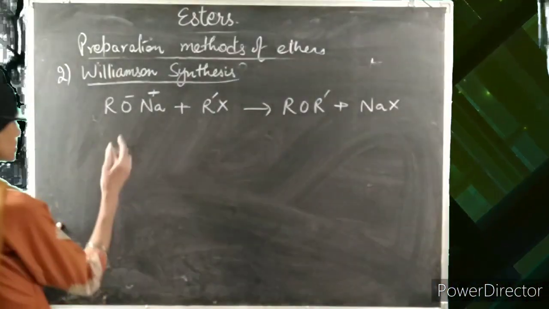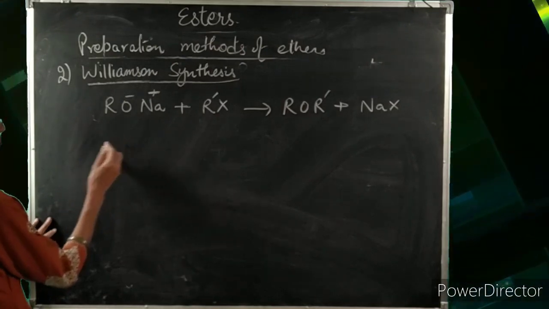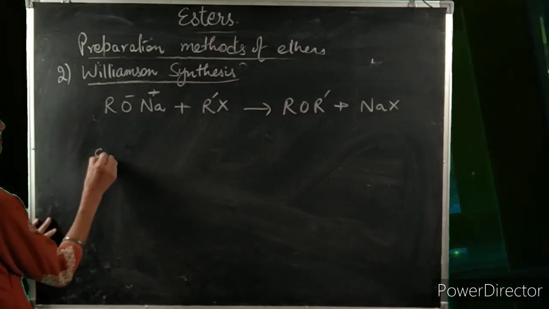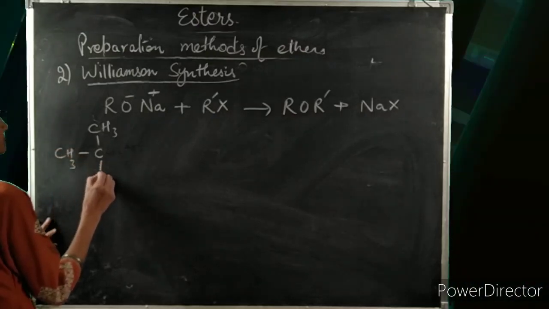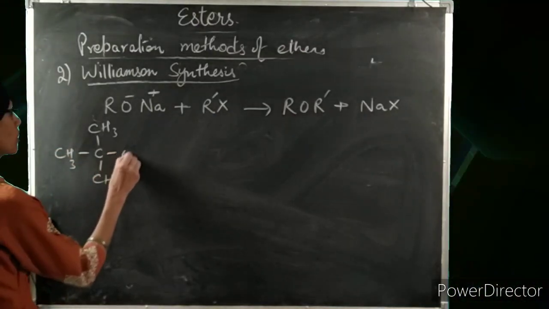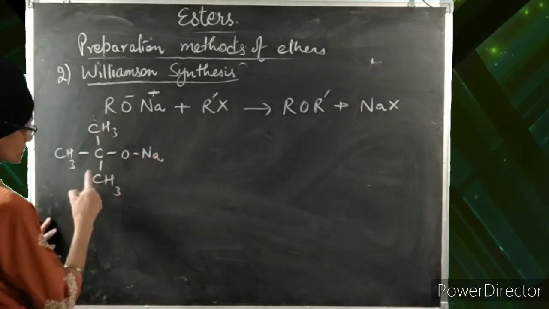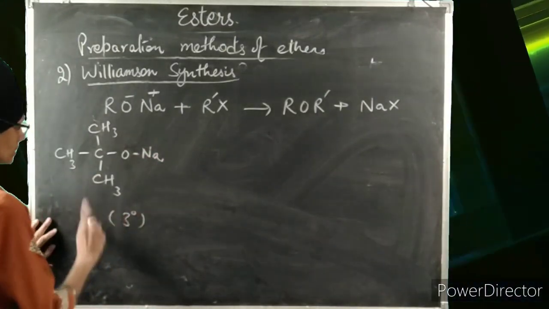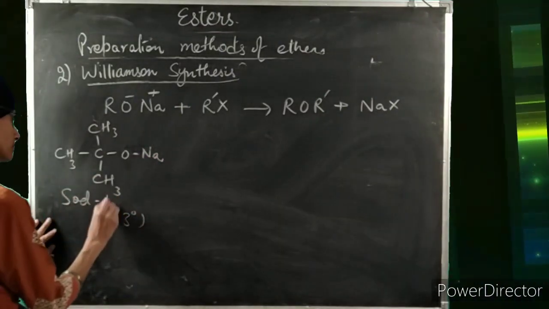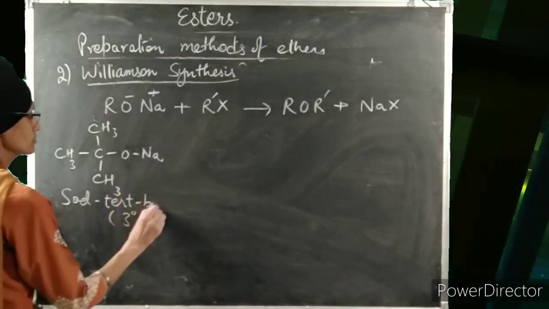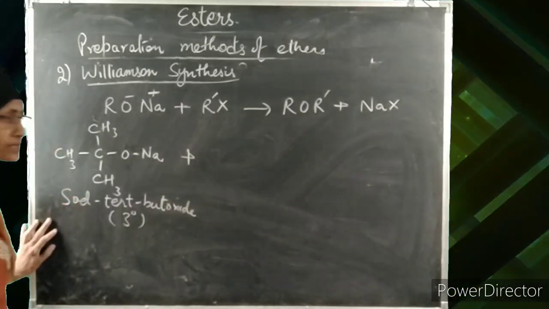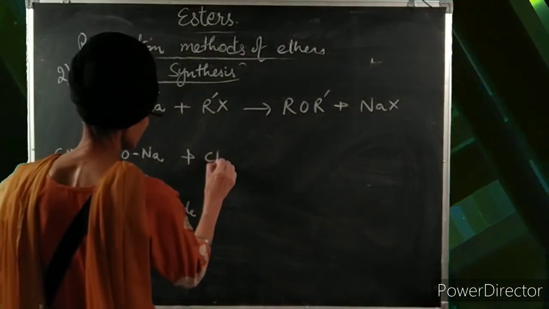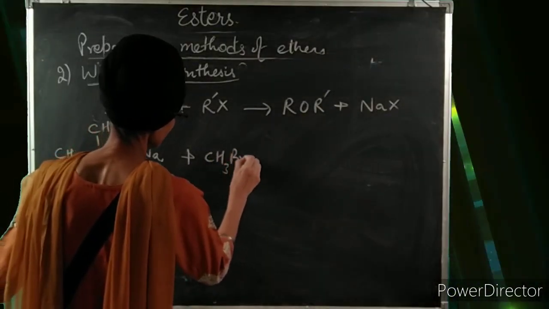Taking an example of sodium tertiary butoxide. This is the butoxide salt of sodium, meaning this is a 3 degree alkyl group. The name is sodium tertiary butoxide. Alkoxide salt is there, and a 1 degree haloalkane we are taking, say methyl bromide or bromomethane.